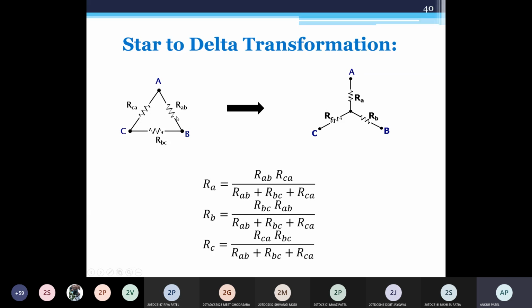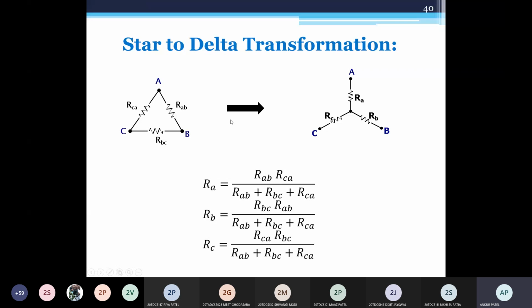For RB, two resistors are connected, RAB and RBC: RAB into RBC divided by the summation of the three resistors. And for RC, two resistors are connected, RBC and RCA: RBC into RCA divided by the summation of all three resistors. Are you getting these equations?